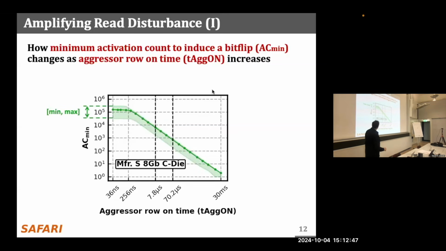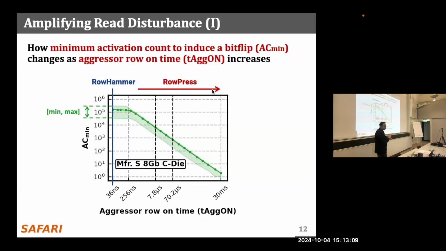And here the shade around the curve shows the minimum and maximum. I forgot to tell you that the y-axis shows the minimum activation count needed to induce the first bit flip. The leftmost point, where we keep rows open for 36 nanoseconds, is the RowHammer access pattern.